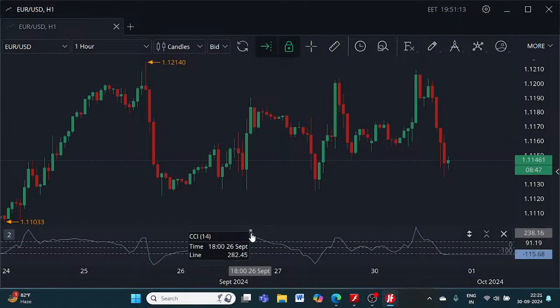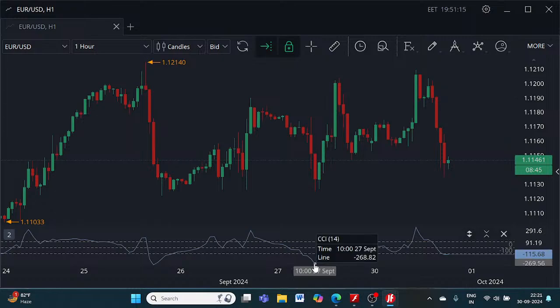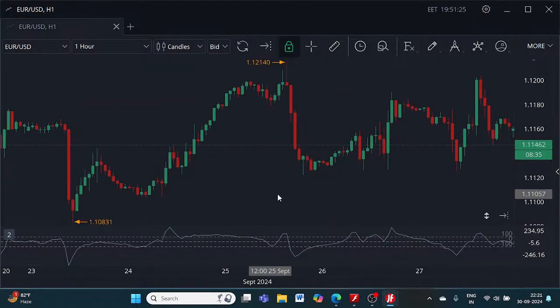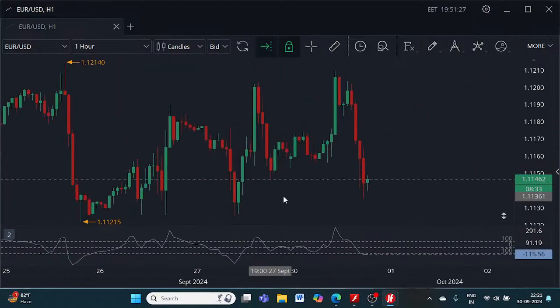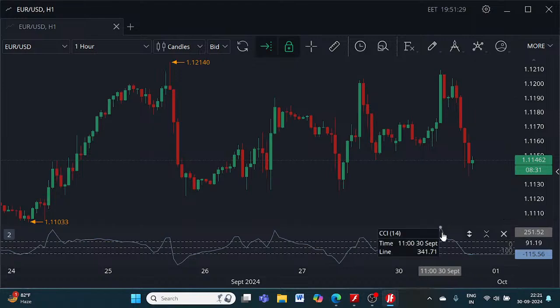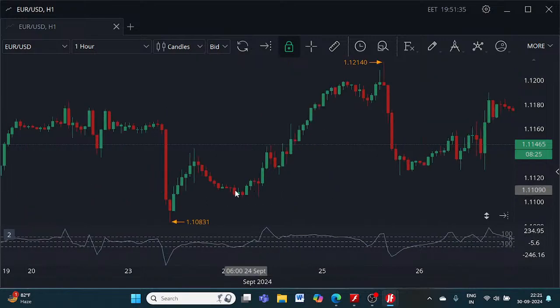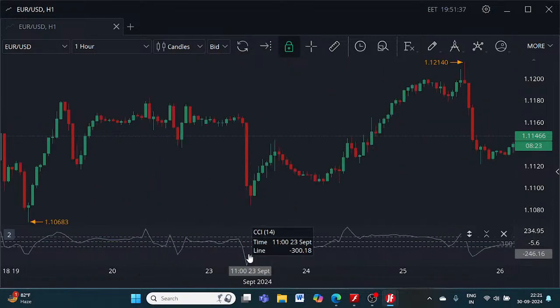Here it reached close to 300. Again, this time around, it went close to minus 300 and bounced back above it. After those points were reached, we again saw the contra moves starting and the CCI output values also reversing from these extreme levels.